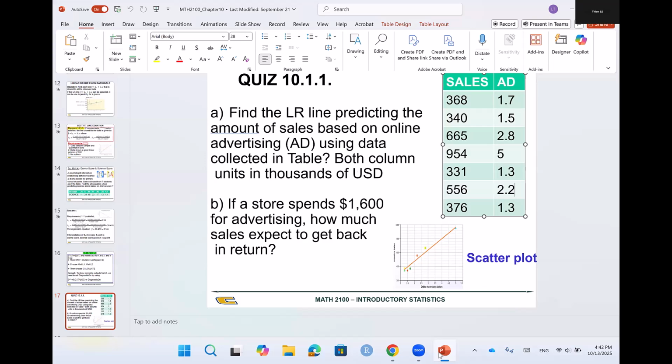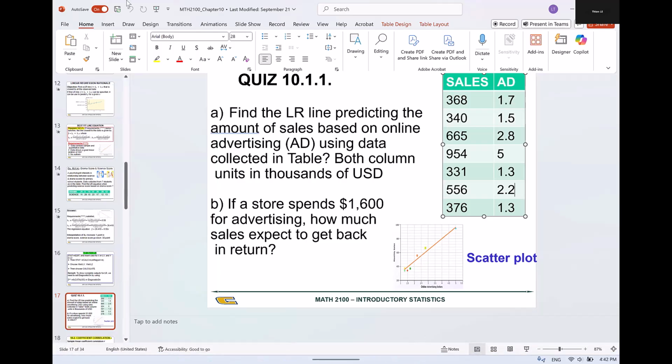Okay, then the sales will be 368, 340, 665, 954, 331, 556, and 376.